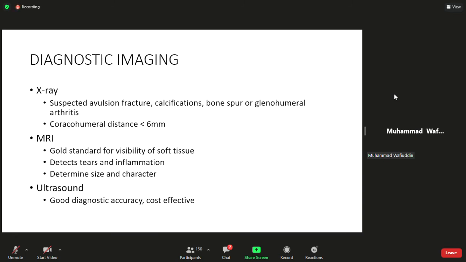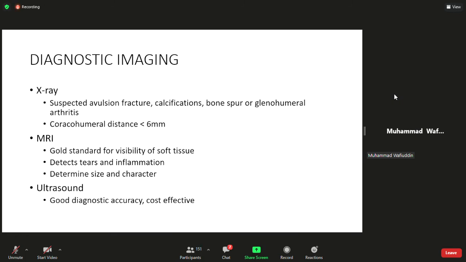What we can do when the patient comes to our clinic or emergency department. After we have assessed, taken the history and done the physical examination, we can do an X-ray. In an acute setting, let's say in a young patient, there is usually nothing much because it is the soft tissue that is involved.